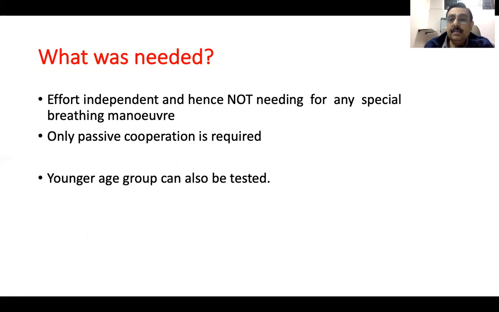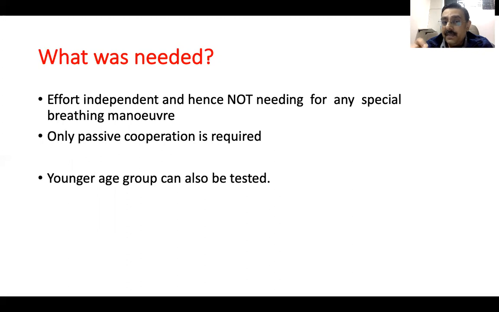Now, that brings us to the point of what was needed. So what we need is a test which is effort independent, and you do not need any special breathing maneuver for that. So you don't need to ask the child to blow forcefully till you've reached a forced vital capacity.